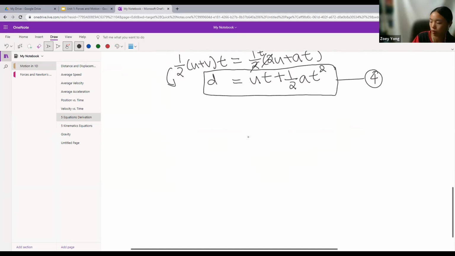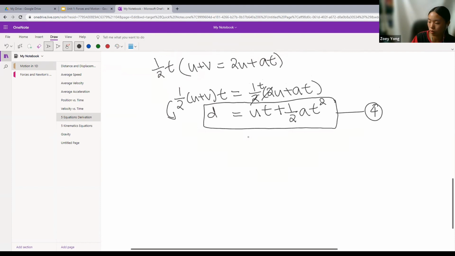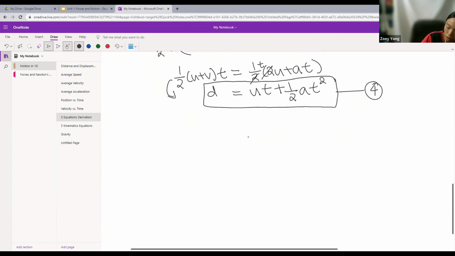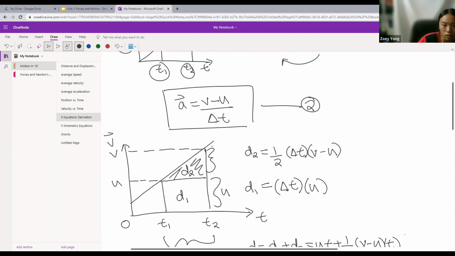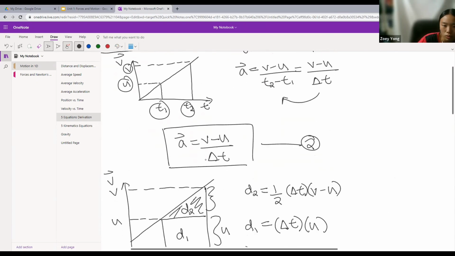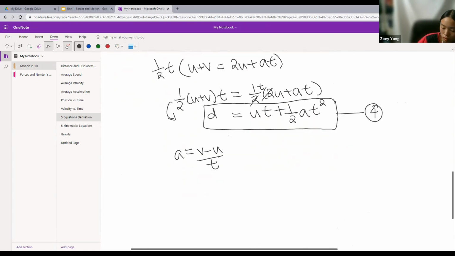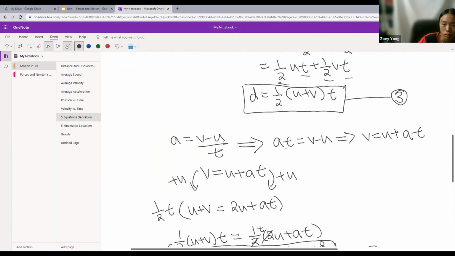Now we're going to move on to our fifth one, where we're also going to use some algebra. First, we're going to start off with these 2 equations. a equals (v minus u) over t, which is the second equation we derived. This one, it's the same thing. We're going to use d equals half (u plus v) t, which is the one right over here.